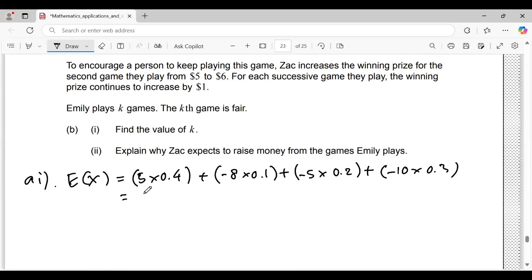If you calculate, the result is minus 2.8.